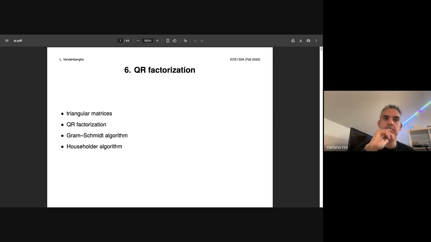Good. Okay. So let's see what we know about the inverse of a triangular matrix. So what can we say about this? A triangular matrix A with non-zero diagonal elements. So the diagonal must be non-zero. Then it's non-singular. So the way in which AX can be equal to 0 is if and only if X is equal to 0.